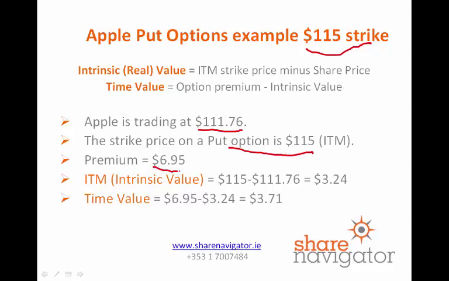We know the premium from the previous slides for the 115 strike was 6.95. So to calculate the in the money or intrinsic value, it's very simple. It's the strike price minus the share price, and that gives you 3.24. And then the time value is simply the option premium minus your real value, which gives you 3.71. So there's 3.71 in time value in that.